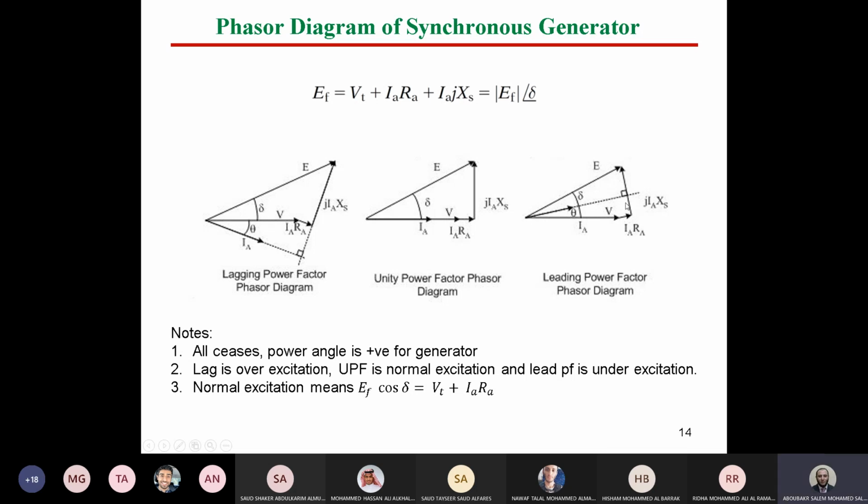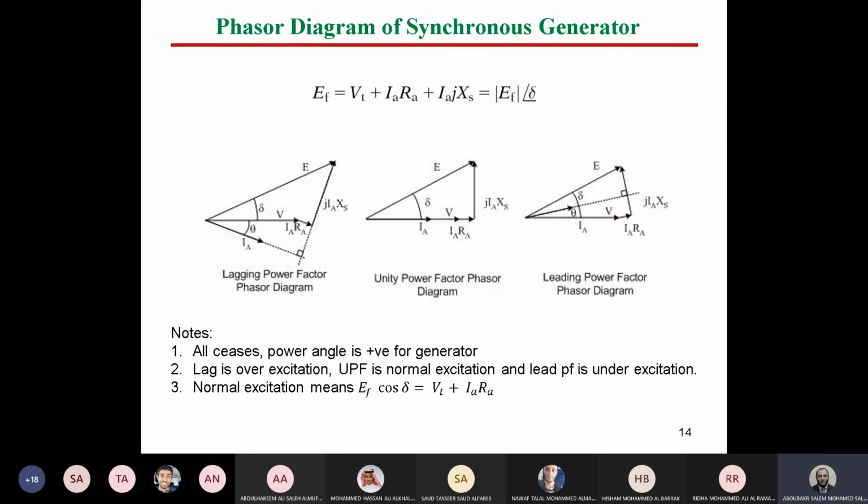When we compare the three phasor diagrams, what can we observe here, guys? The leading, lagging is the same for EF. EF is decreasing when the power factor moves from lagging to unity to leading. Is it right? EF is decreasing now.